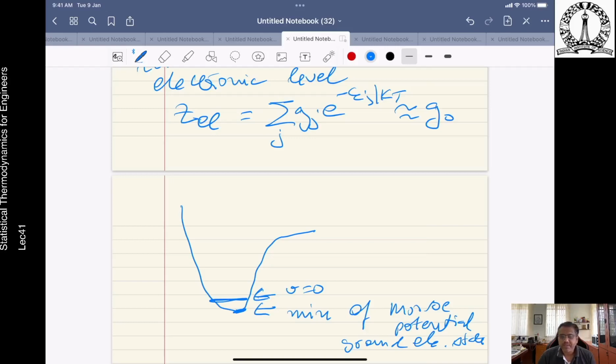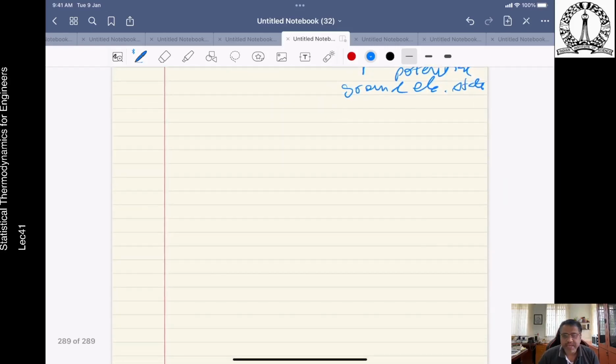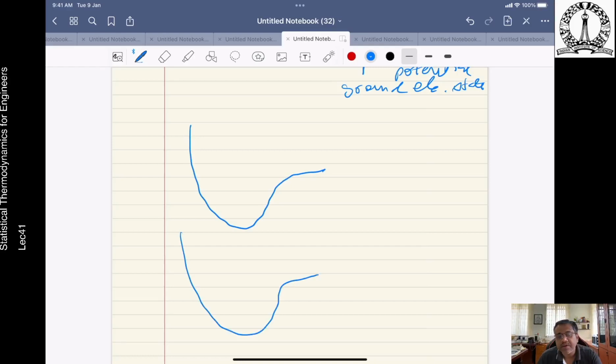Let us draw this diagram properly and see the possibilities. So this is one, this is the other one. This is the ground vibrational level. This is T naught. Then this is your T_e.